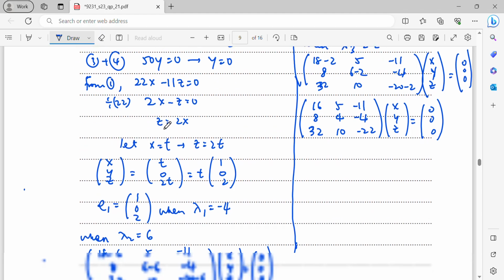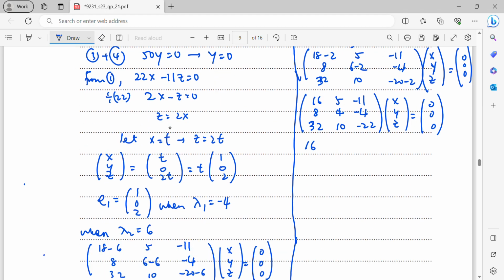Okay, again now form three equations. So 16x plus 5y minus 11z equals to 0. Then 8x plus 4y minus 4z equals to 0. This is the first, this is the second. And then the third one will be 32x plus 10y minus 22z equals to 0. This is the third.